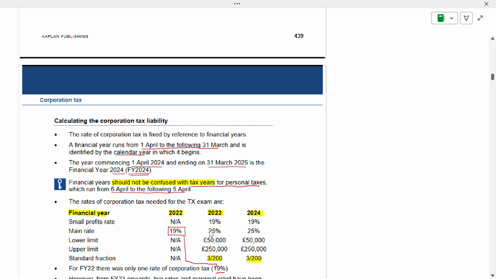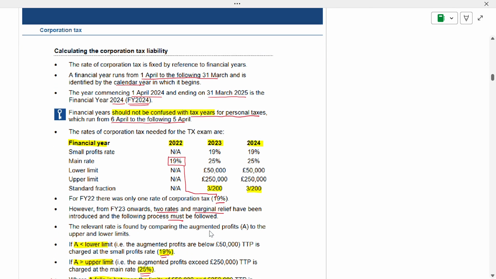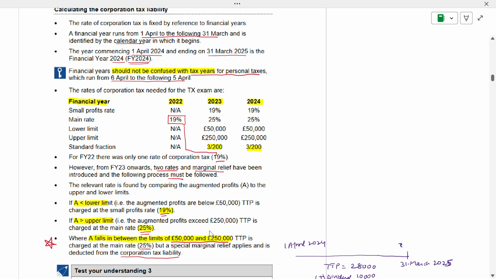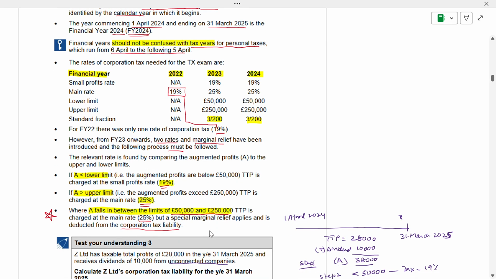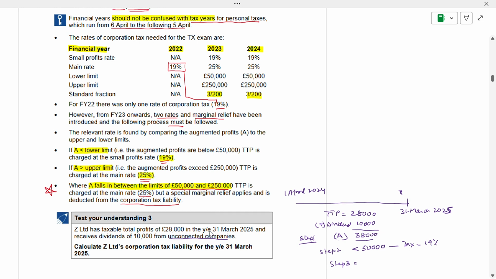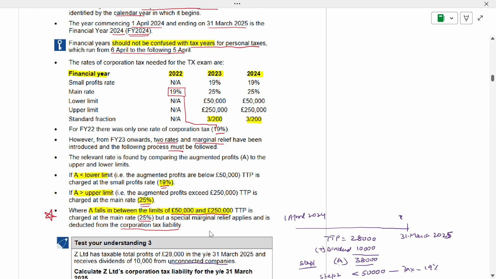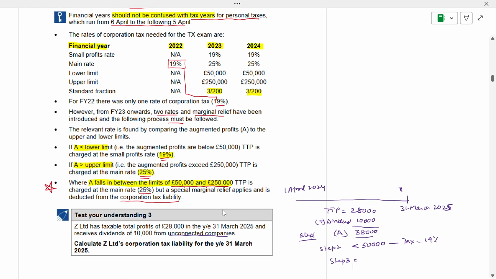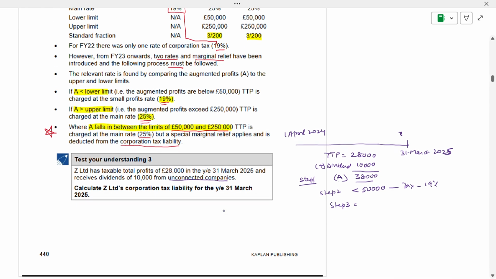Step 3 is what they have said. Which rate will we take? The rate of corporation tax.